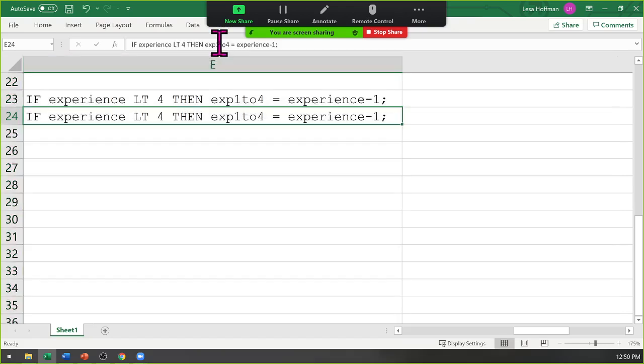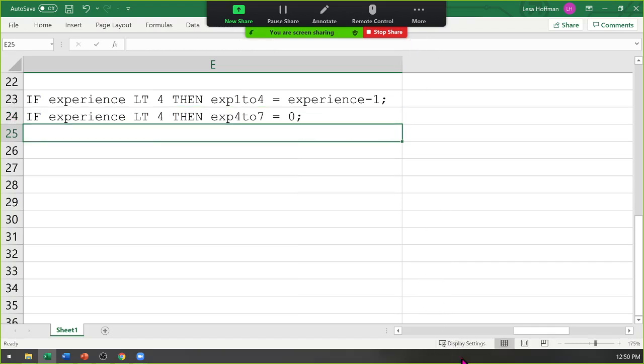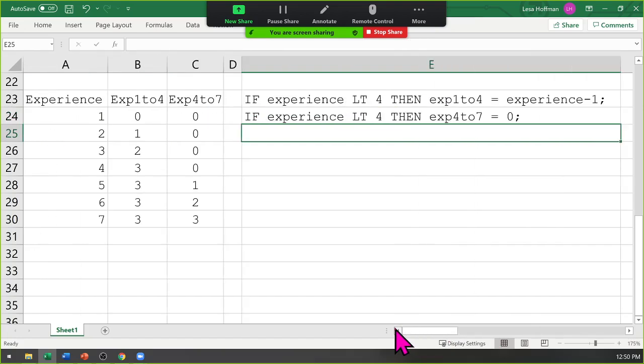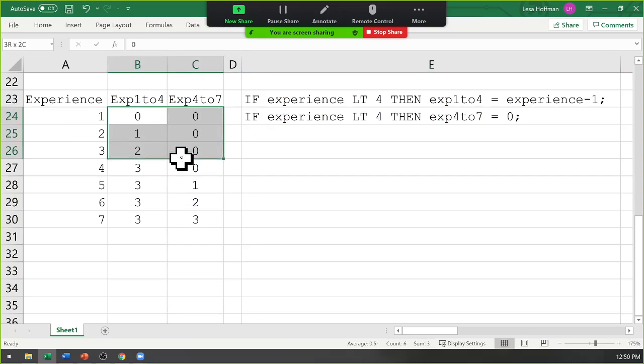There we go. Experience 4 to 7 is going to be 0. Scroll back over. There we go. So I've got that much with the 2 statements.